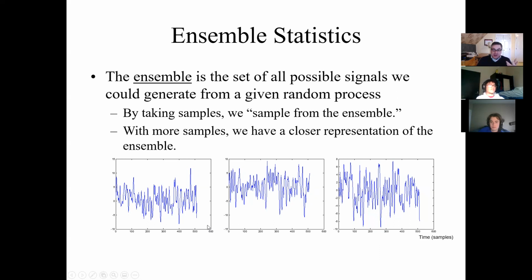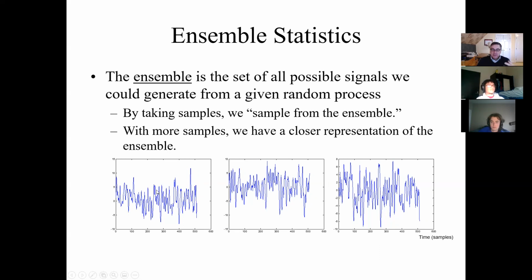Now, we're going to contrast that idea with the ensemble, which technically is the set of all the possible signals you could generate from a given random process. By taking measurements of the signal, we're sampling from the ensemble.